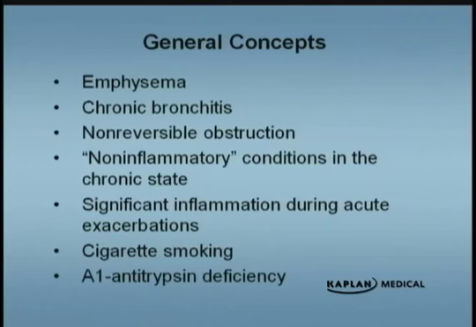Now, there is a small population of these patients, sometimes referred to as asthmatic bronchitis or inflammatory bronchitis, where they have reversibility and inflammation, and you could use steroids. But for your purposes, across the board, COPD is a non-inflammatory condition in the chronic state. That's not the case when they come in with exacerbations.